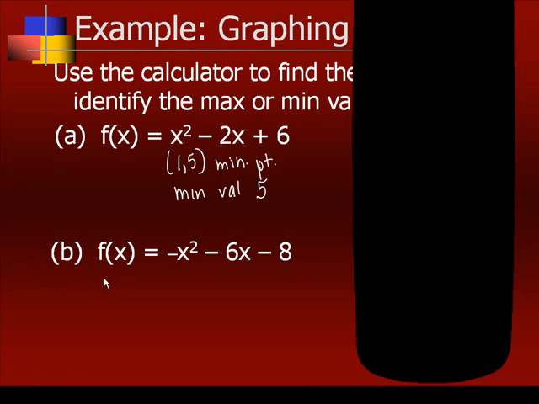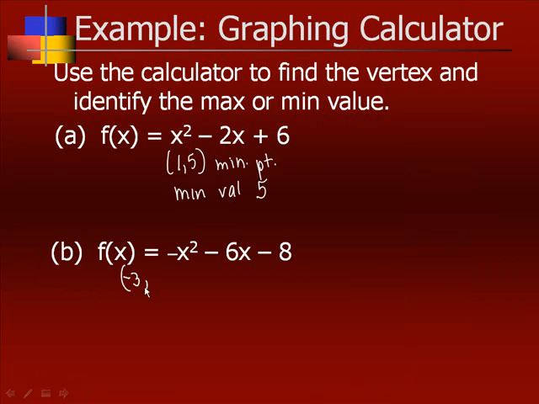And the y value is 1. Negative 3, 1. Now the maximum value, that's our maximum point, or the vertex, and the maximum value is just 1.